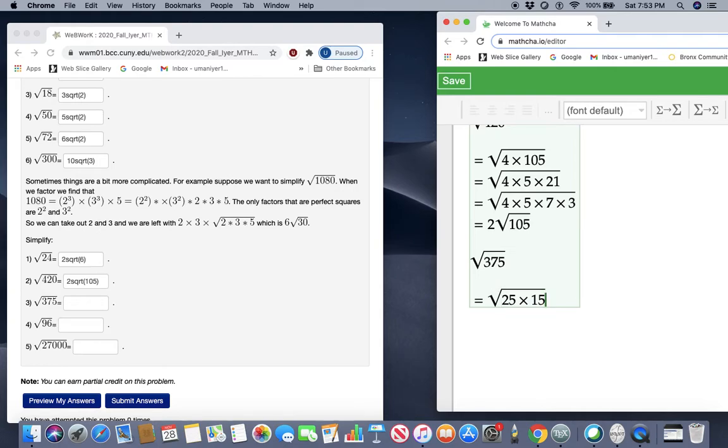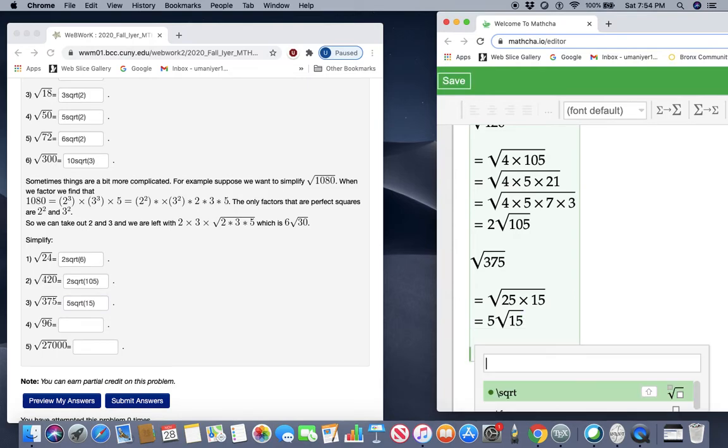So that's a 15. So that is equal. Check my work, okay guys? 25 times 15 is 375. Now square root of 25 is 5 and square root of 15 cannot be improved. So it remains as it is. 5 SQRT of 15.